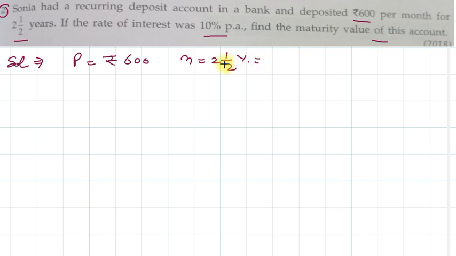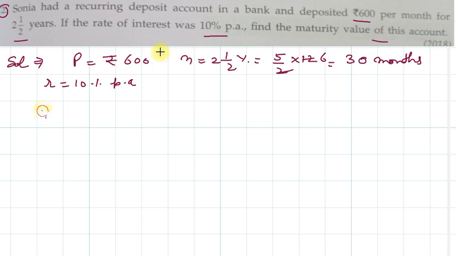So it would become 2 into 12 plus 6, that is 30 months. So this is N. R is 10% per annum. To reach maturity value, we have to again calculate the interest.